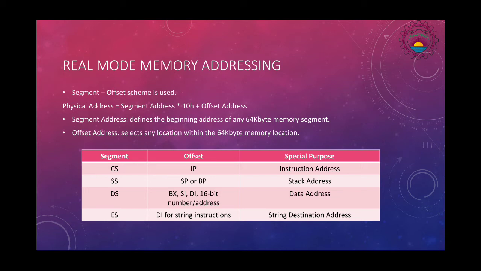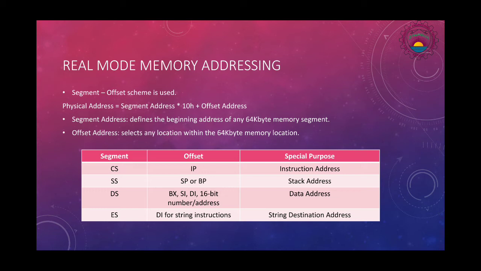If you want to access code segment, then offset will be coming from IP, and formula for physical address will be CS into 10h plus IP, and the generated 20-bit physical address will be an instruction address.